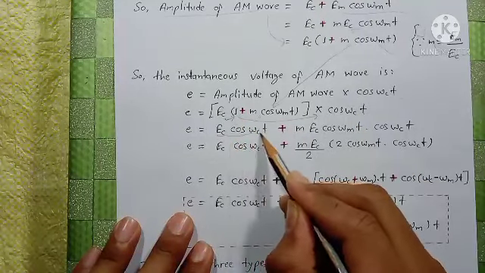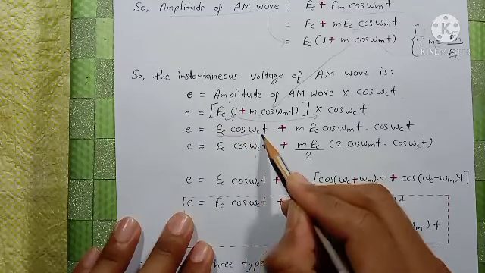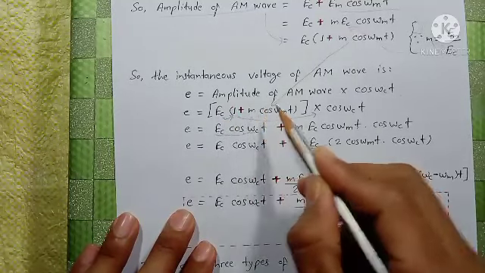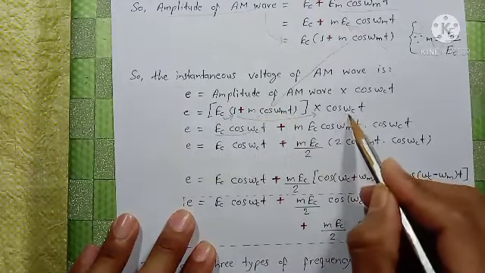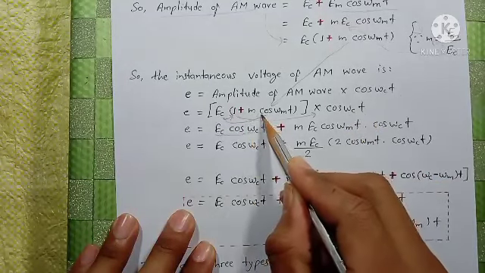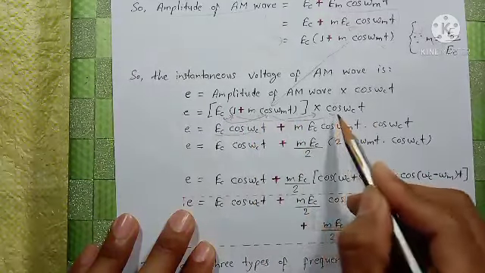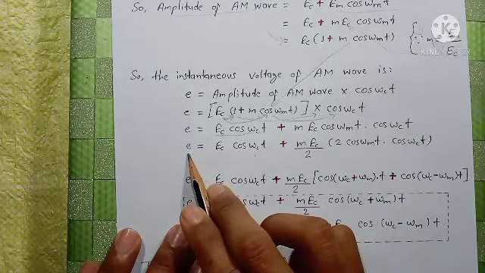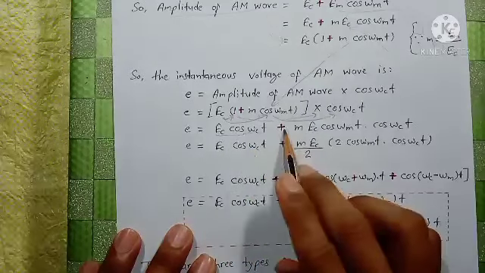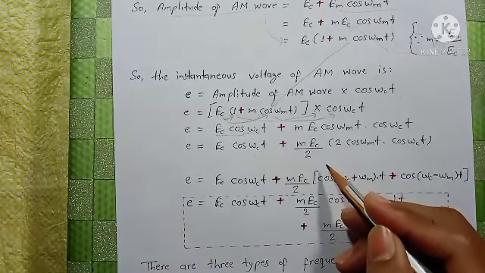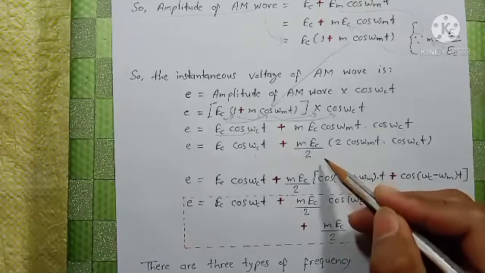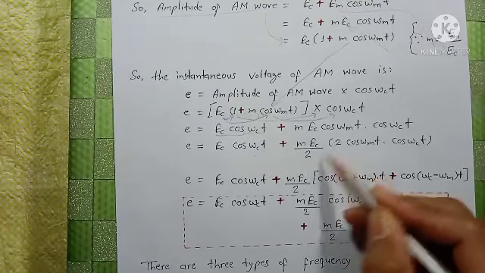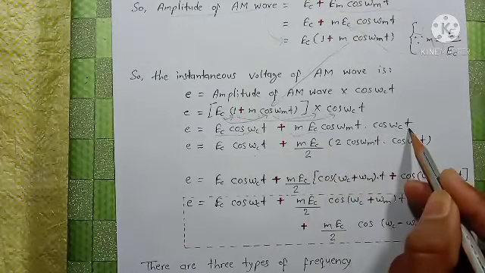So we get EC cos omega c t plus EC m cos omega m t into cos omega c t. EC into m cos omega m t and cos omega c t. Okay, and then we will get E is equal to EC cos omega c t plus, here we can do one thing, that we multiply and divide by 2 for this parameter.